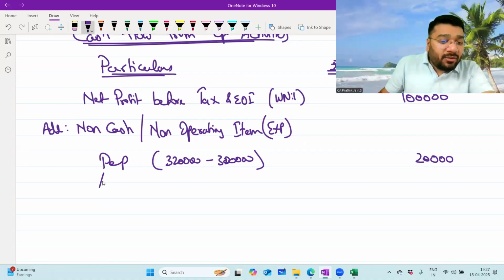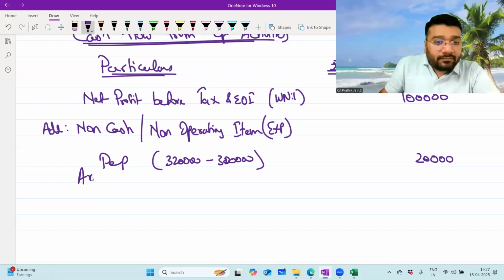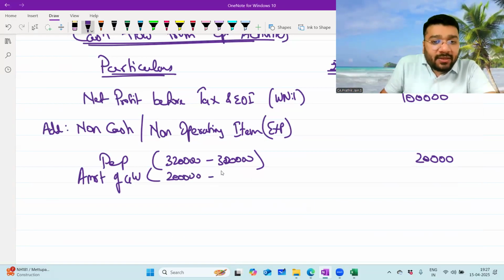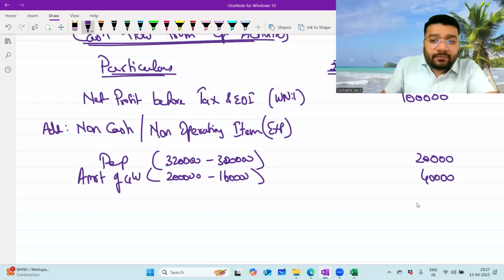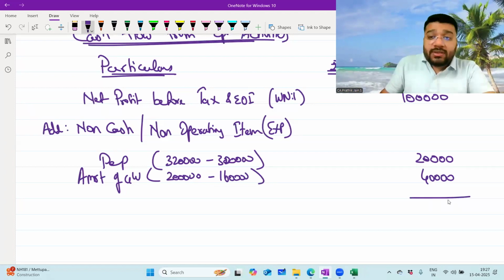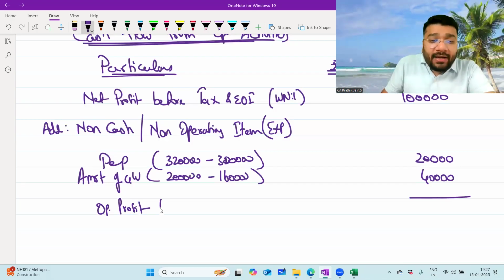Next is what? Amortization of goodwill. What is the opening balance? 2 lakh minus 160. How much is it? 40,000. Now I don't have any non-cash and non-operating item income in nature. Do we have? No. So this is now called operating profit before working capital changes.